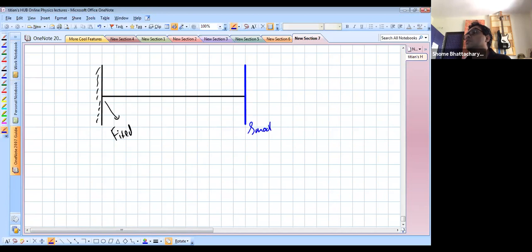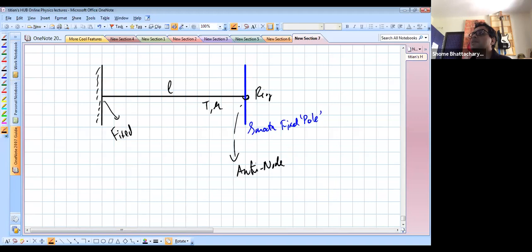We have a smooth fixed pole, and a ring kind of thing over here. This thread is of length L, tension T, and linear mass density mu. What happens here is this acts like an antinode, because it's a flexible boundary, so it can move freely. So there'll be maximum displacement at that point, whereas the other end acts like a node.